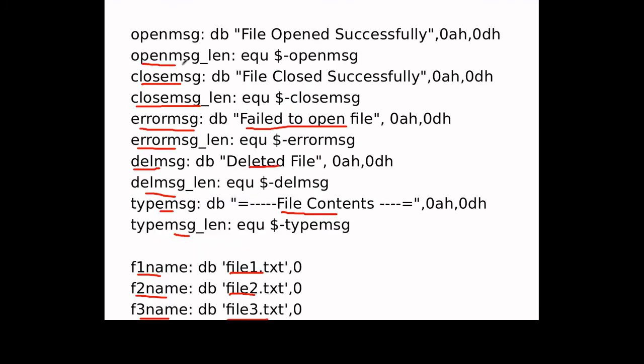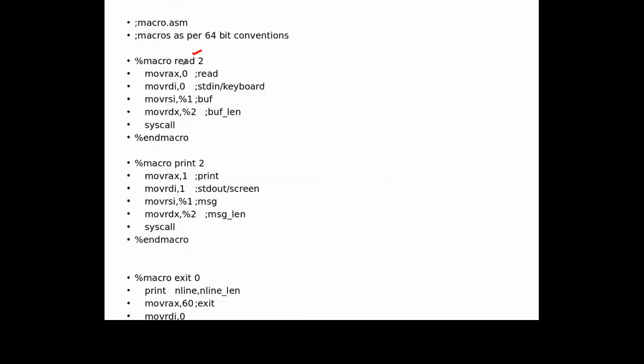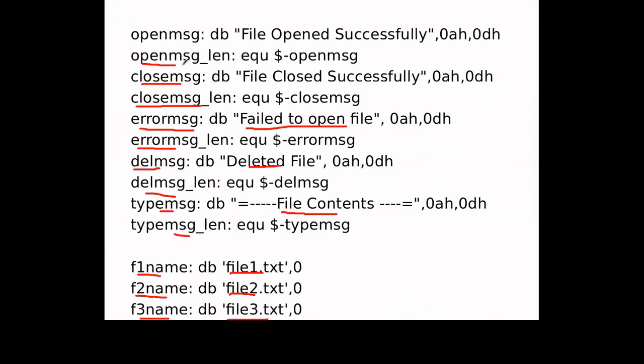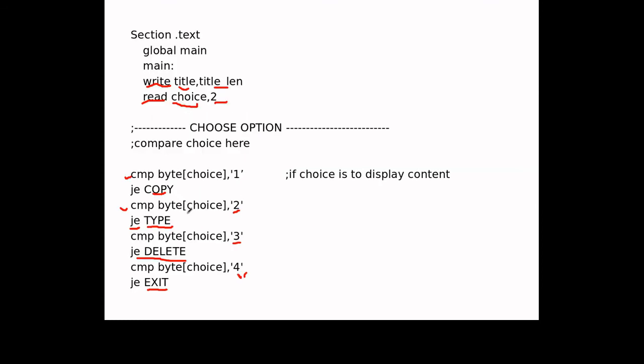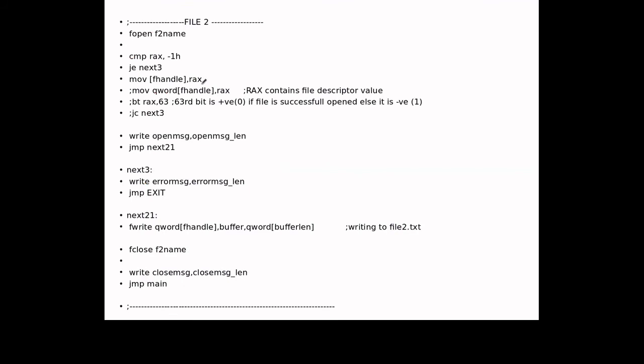See here, I'll show you. Yes, this is the f handle buffer of size quad word, because that file handle is of size quad word. So your file handle will be now in the variable f handle.